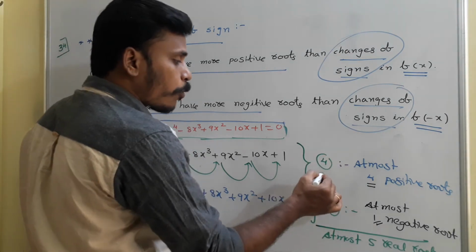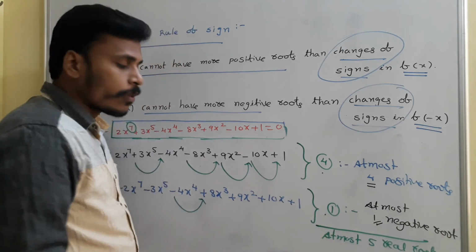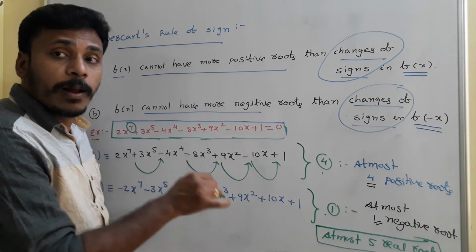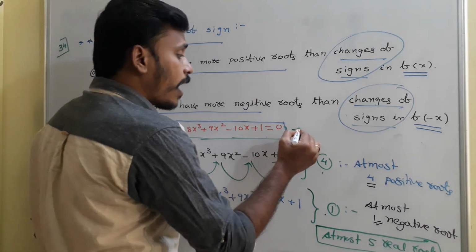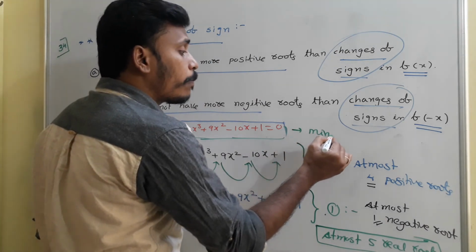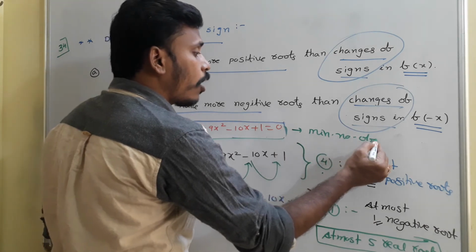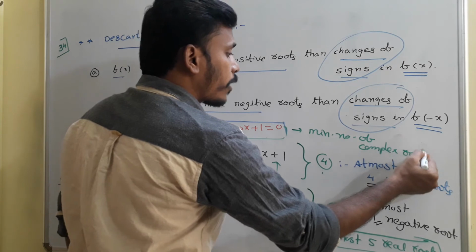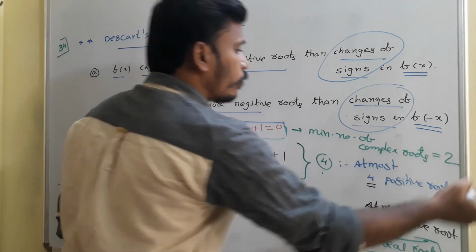By observing this positive and negative number of roots, we will decide the maximum number of real roots for the equation, and from that maximum number of real roots, I will conclude that the minimum number of complex roots is equal to 2. Okay.